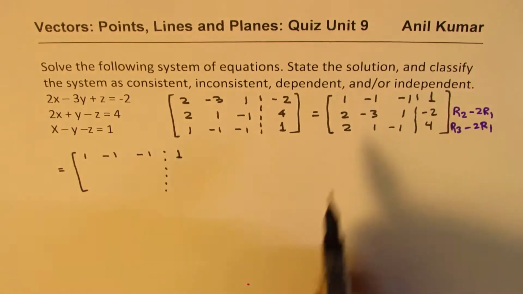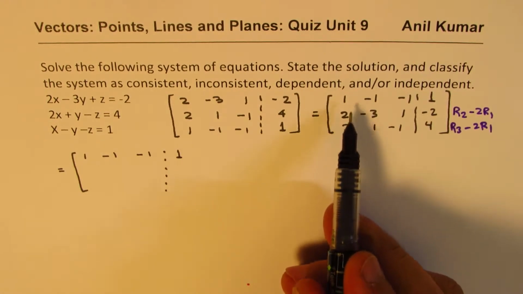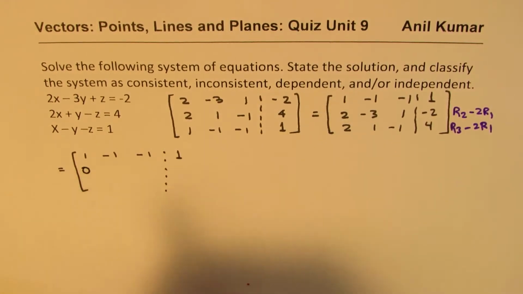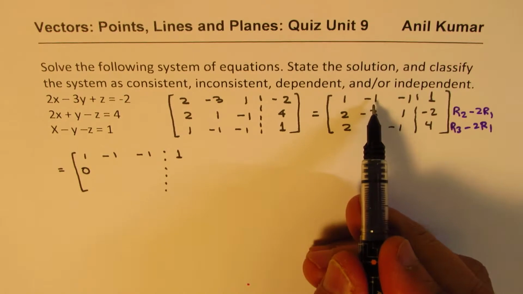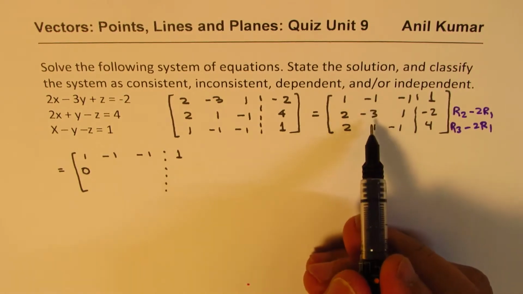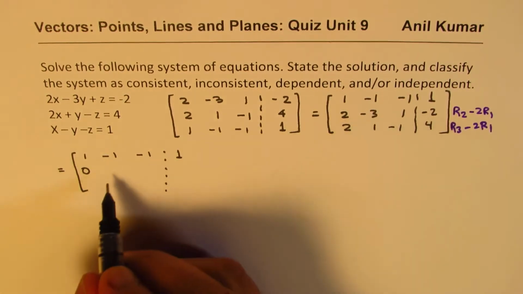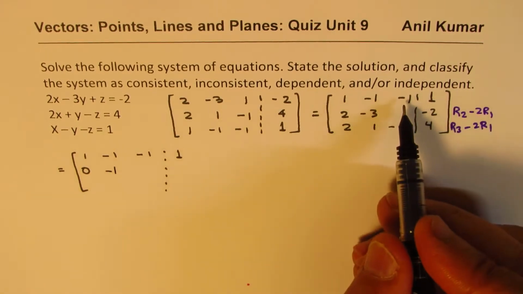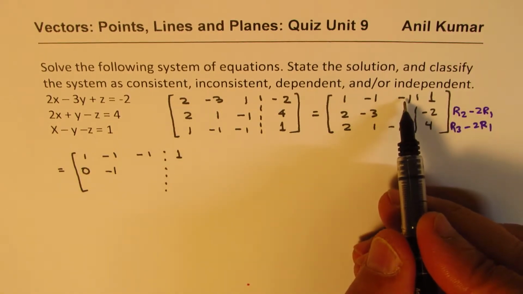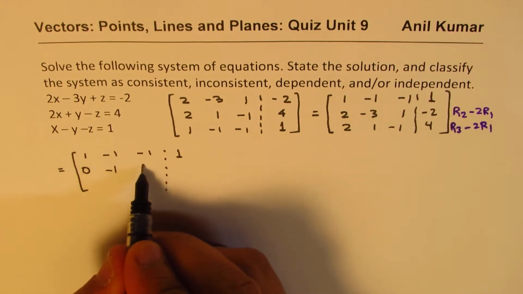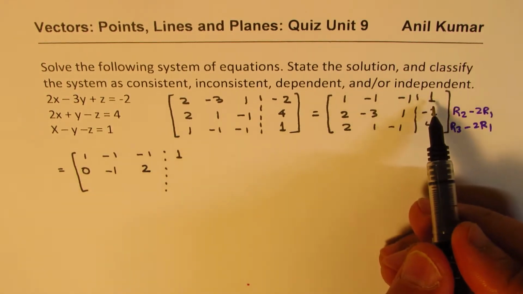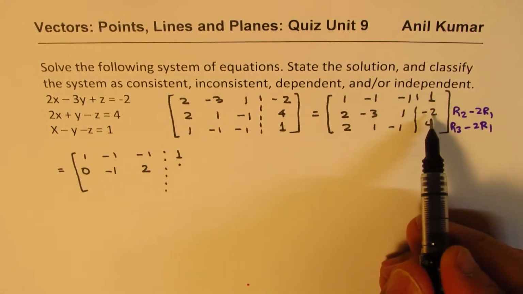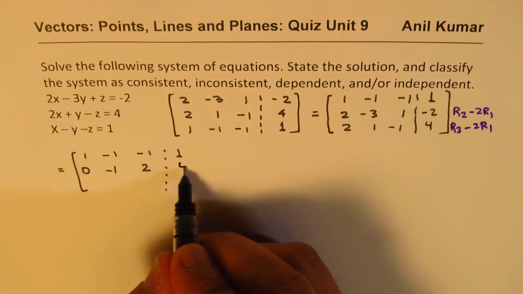Now if I take away 2 times, that becomes 0, which we want. 2 times is minus 2, and when you take away, it becomes plus 2. You get minus 1 here. 2 times is minus 2, and when you take away, it adds to 2. 2 times is 2, and when you minus 2 it makes it minus 4.